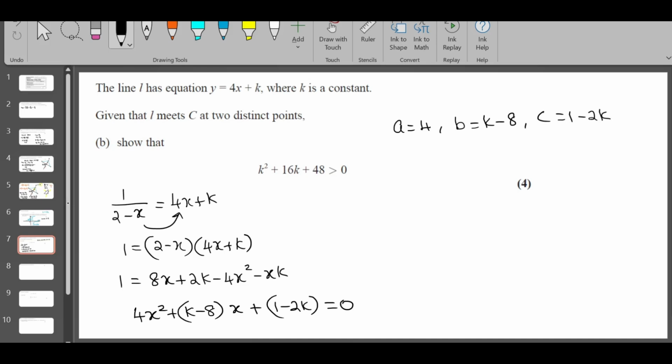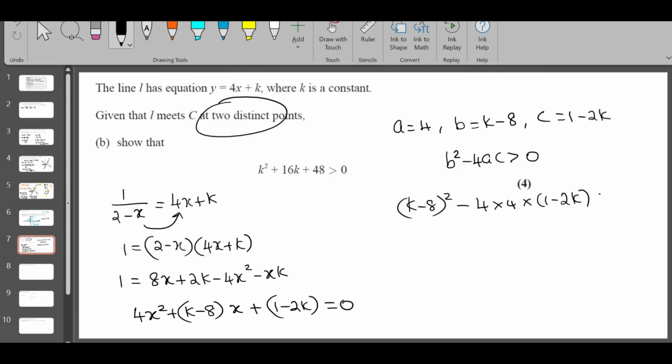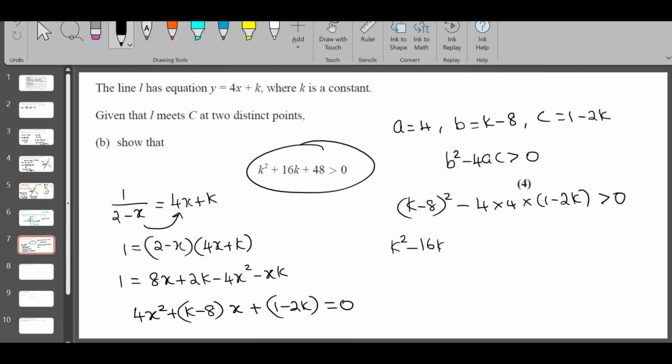c is 1 minus 2k. Since they both intersect at 2 points, the discriminant will be greater than 0. So b square minus 4ac will be greater than 0. Open the bracket, simplify, you will get this equation. k minus 8 whole square, a minus b whole square is a square minus 2ab plus b square. 4 times 4, 16 times this.